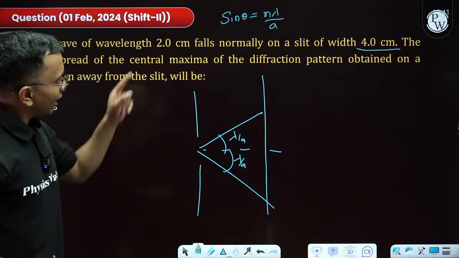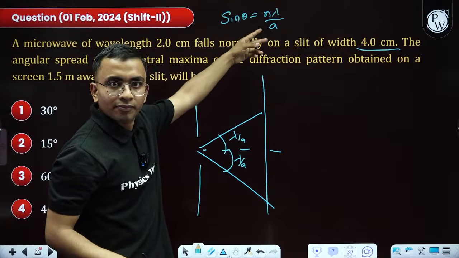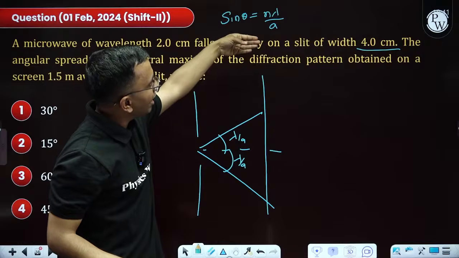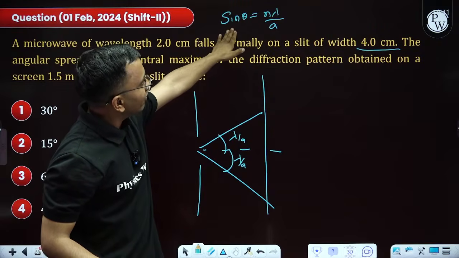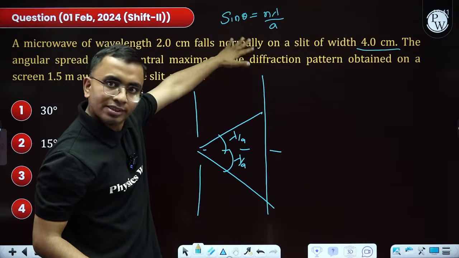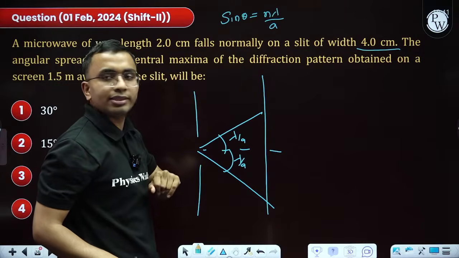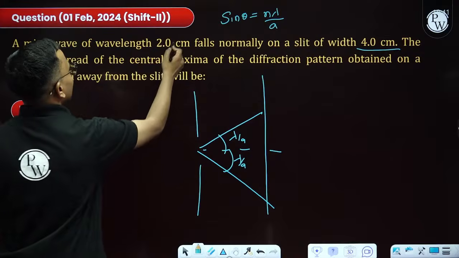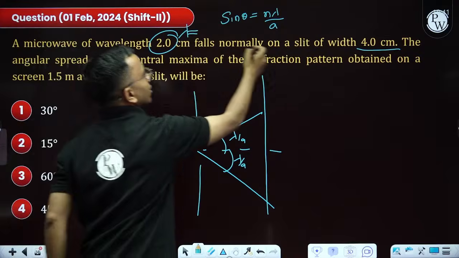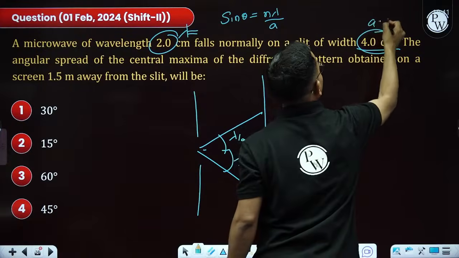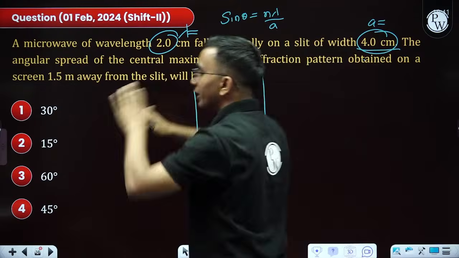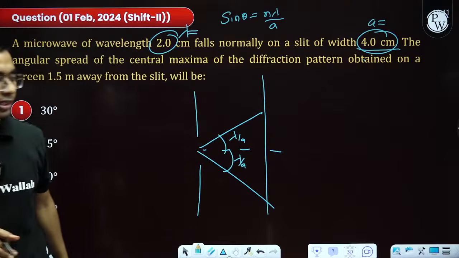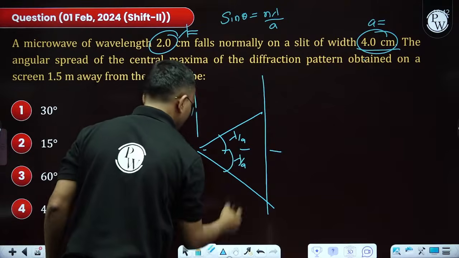If the ratio of lambda by A is such that sin theta is very, very small, then sin theta is nearly equal to theta, and we write it like this. But here my lambda is 2, my A is 4, so lambda and A are comparable. You cannot take sin theta equal to theta in this case. So you have to write sin theta only.